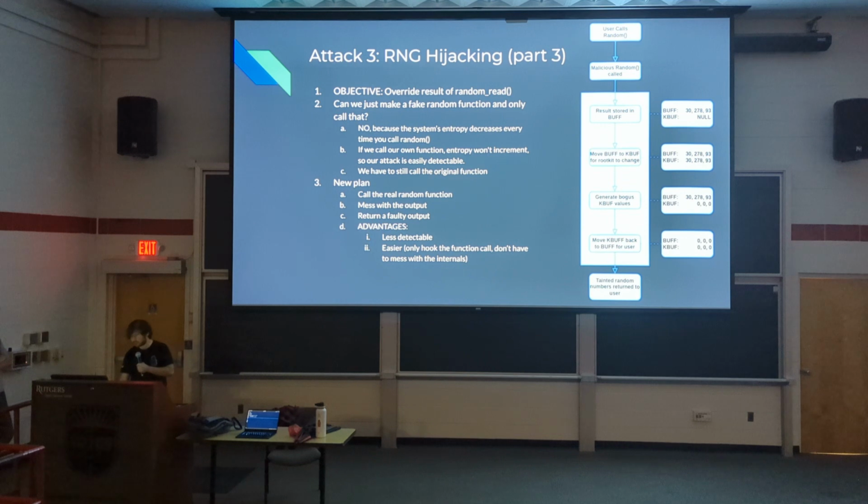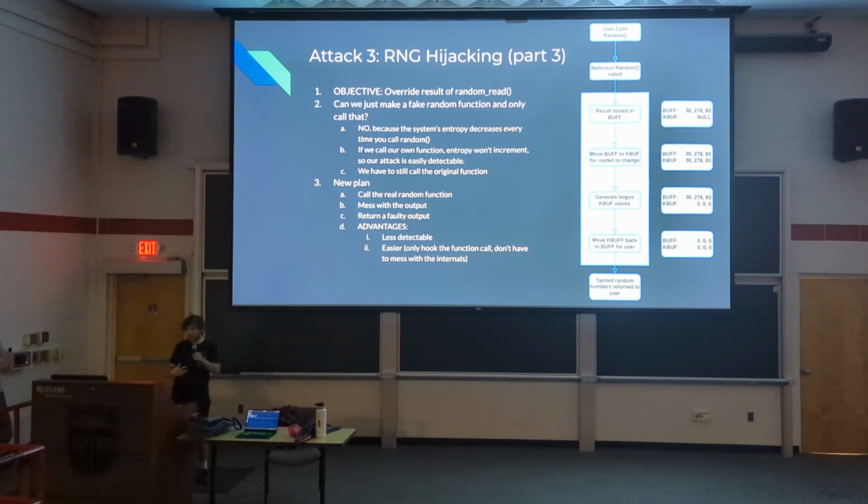So the results that we got from the random function are real. Let's say in our buffer we have the numbers 30, 278, and 93. Now we create another buffer called kernel buffer, which we abbreviate as kbuff, and we move the values from the buffer to kbuff. We change it a little bit, so we make kbuff 0, 0, 0, for instance, and then we put that back into the normal buffer. The reason we're doing all this is because when it's in kbuff, it's away from the user, you can't really see what's going on, and we can control it completely.